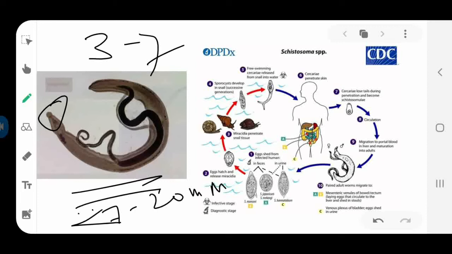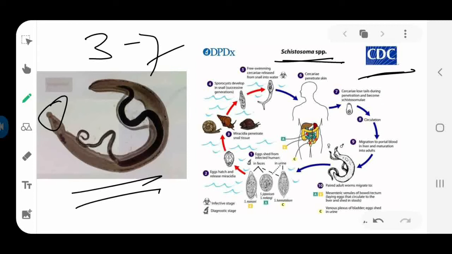Before I proceed to treatment and prevention, this is the life cycle of Schistosoma species, which I collected from the CDC website, Centers for Disease Control. In the first stage, eggs are passed from infected humans. In the second stage, the egg hatches and releases miracidia. In the third stage, miracidia penetrate snail tissue.